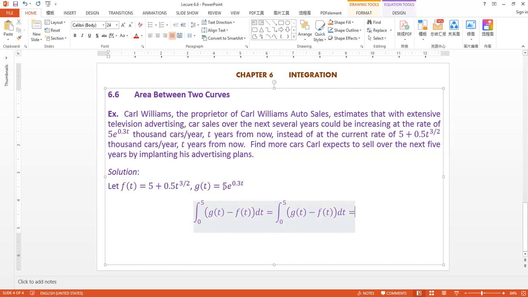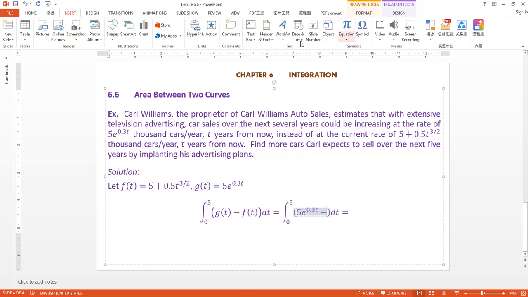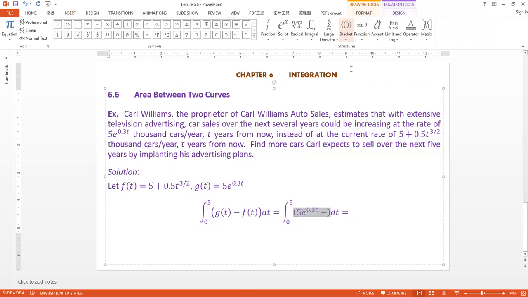Well, g is 5 times e^(0.3t), and f is just 5 + 0.5t^(3/2). Okay, so let me just put the parentheses in here. And then we can just integrate it term by term.